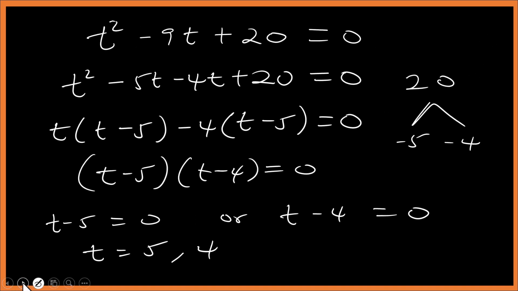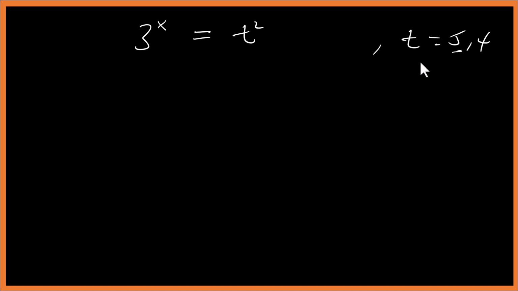So I'll do the substitution. 3 to the power x equals 5 squared, that is 25. To find x, I have to take log on both sides.